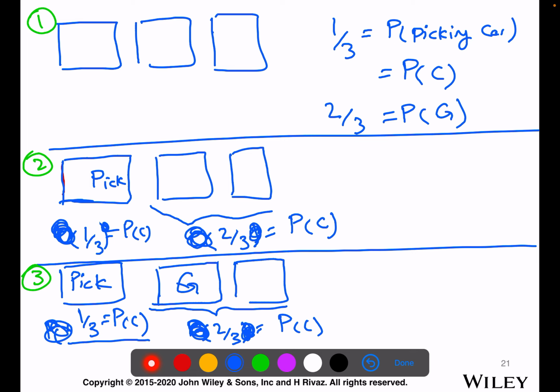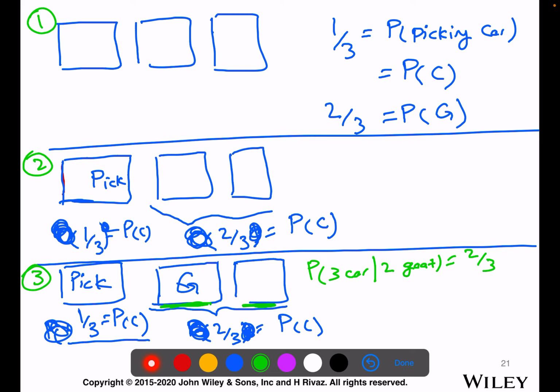So what we say here is, what is the probability of door 3 being a car, given that door 2 was a goat? If this door is a goat, then the probability of this door being a car is still 2/3, because one of them should have the car, and this one was a goat, so all of the probability moves to the other door.